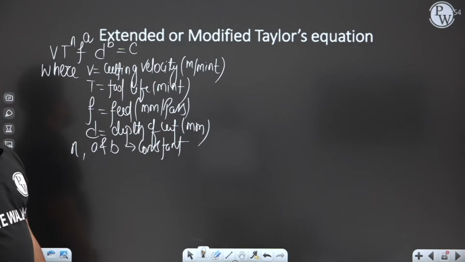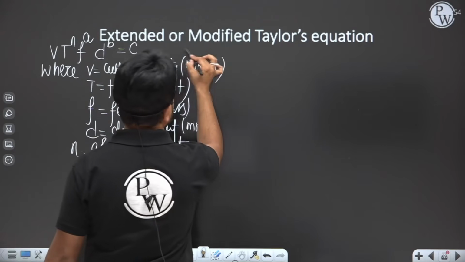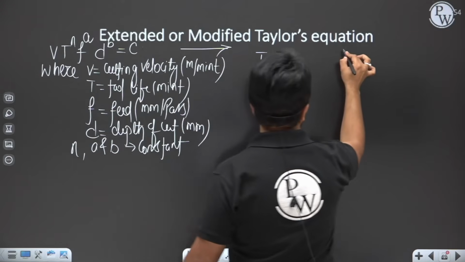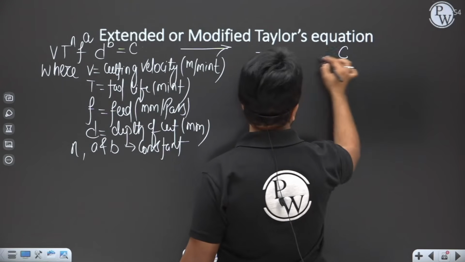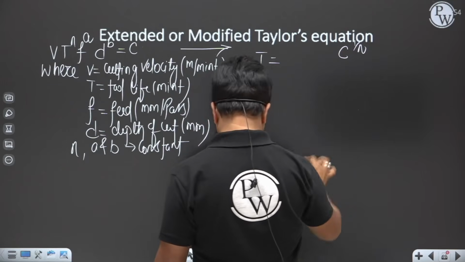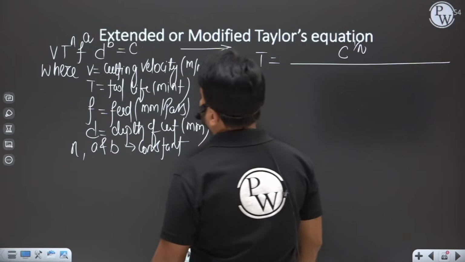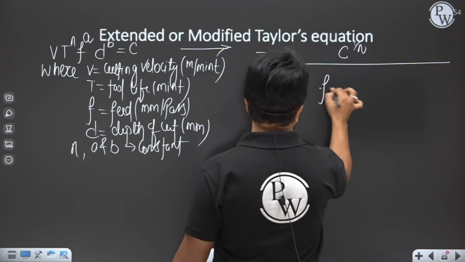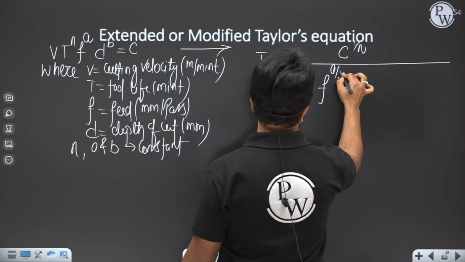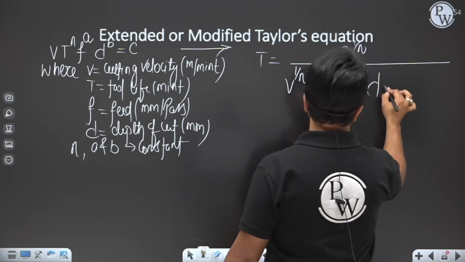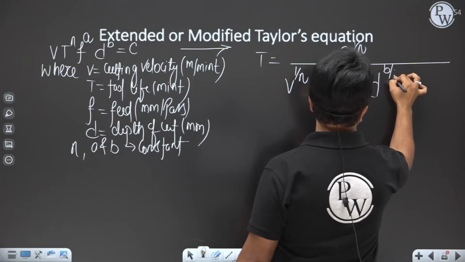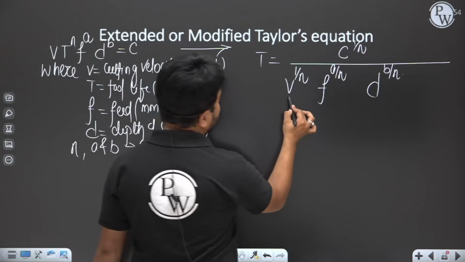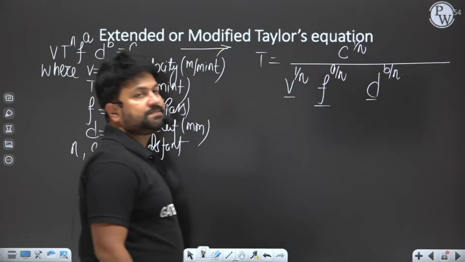So you can see the tool life is C to the power 1 by n divided by velocity to the power 1 by n, feed to the power a by n, depth of cut to the power b by n. So here tool life will depend on velocity, feed and depth of cut.